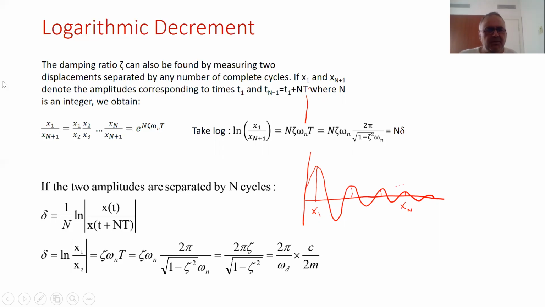We want to find the ratio of the first peak to the n plus 1 peak. This is n plus 1 actually. We say this is xn plus 1, so that there are n peaks in between x1 and xn plus 1. So we divide them by each other: x1 over x2, x2 over x3, xn over xn plus 1. And this is equal to x1 over xn plus 1.